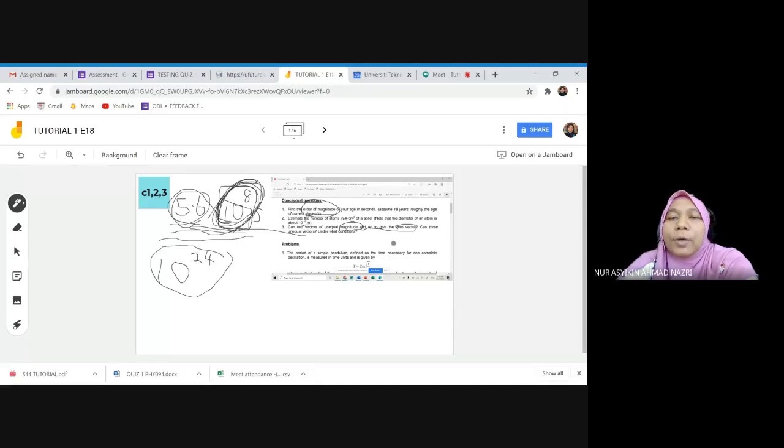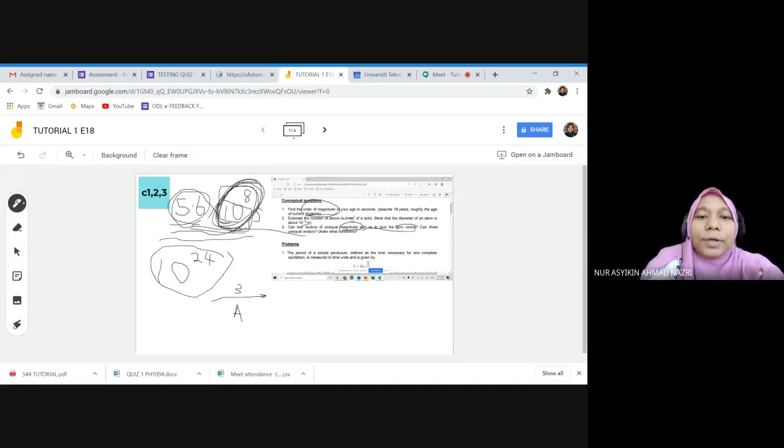It is still possible if we only say unequal, because let's say we have vector A of 3 units moving to the right, and then another vector B, also 3 units, to the left.